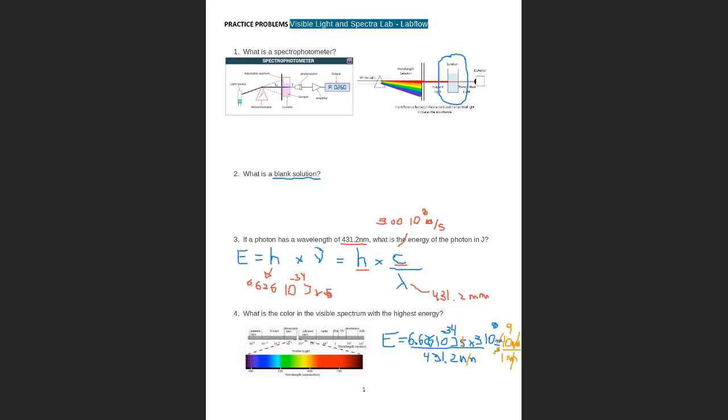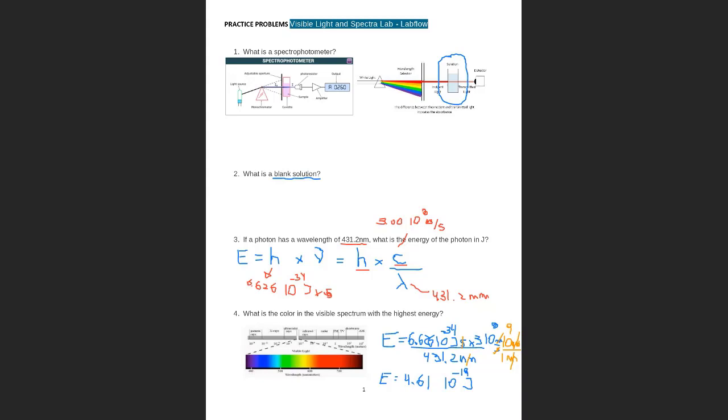So when you multiply all that, you will find that the energy is 4.61 times 10 raised to the minus 19 joule. Very good. So a packet of light is called a photon or a quantum of light.